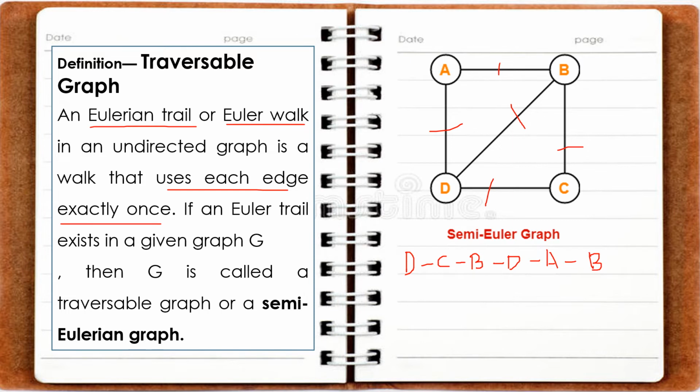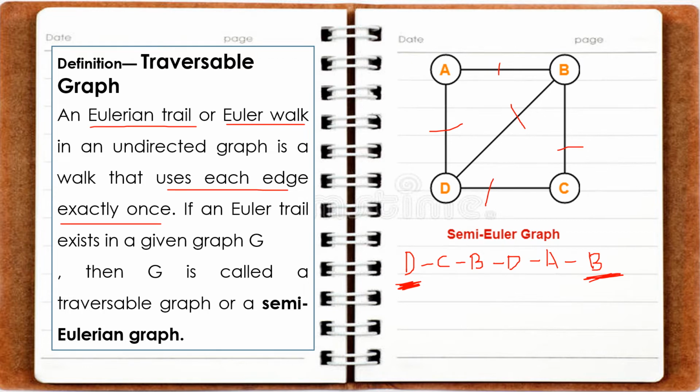And it's not necessary that I have to go back to D, which is the vertex where I started. So I end up at B.